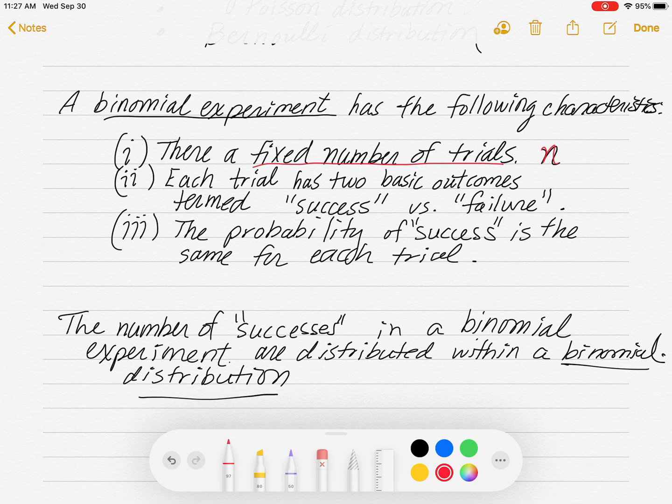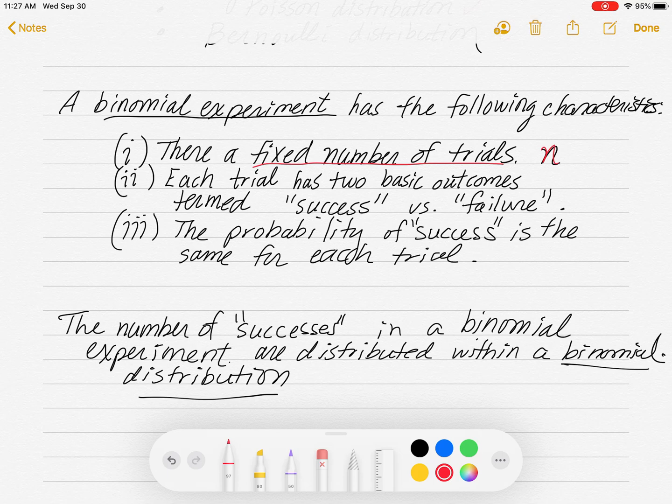Let's say I'm tossing a coin 5 times. The number of trials would be n equals 5. Let's say I have a 6-sided die that I'm rolling 3 times. My number of trials would be n equals 3.